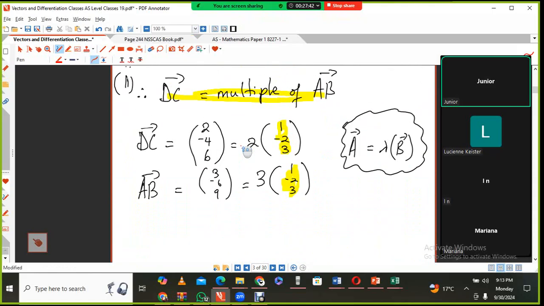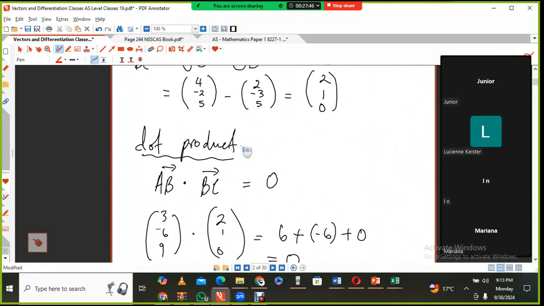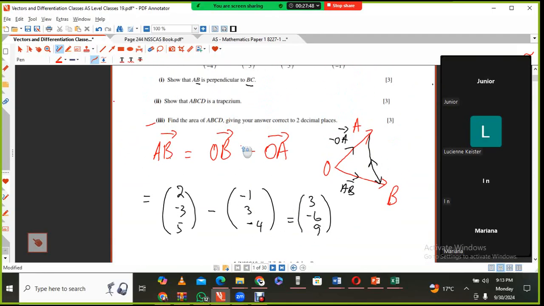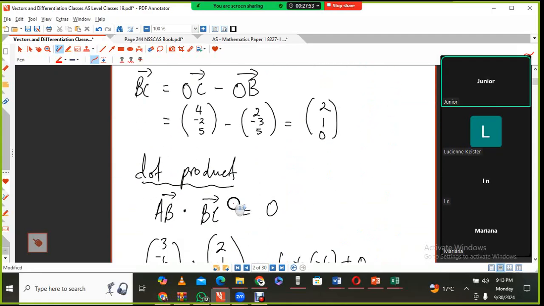Where we got the 2 over 7. Oh, that one we were not supposed to find the angle. We were supposed to find the cosine.